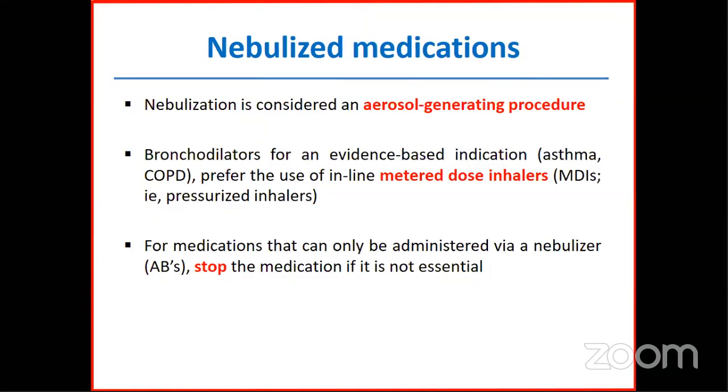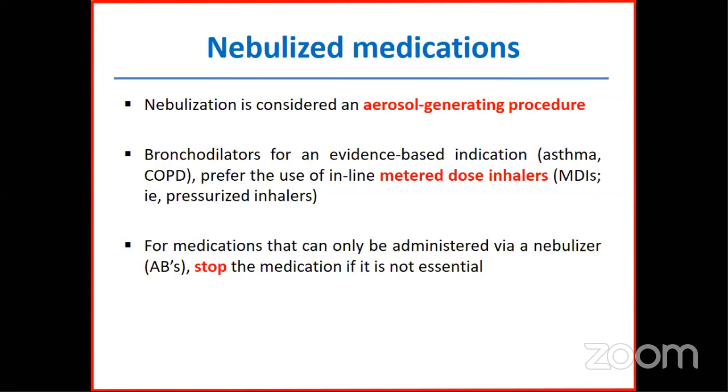Regarding nebulized medications, we have this procedure, as you know, aerosol generating procedure. So we are trying to avoid. If we have to give bronchodilators, we need to use metered dose inhalers. Those will not generate aerosols. So if we have adjunctive therapies like nebulized antibiotics and acetylcysteine, we have to stop as much as we can.